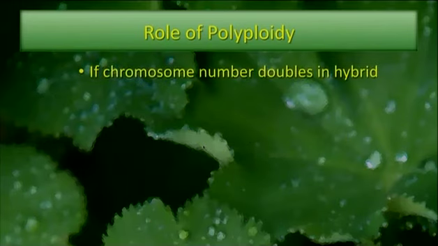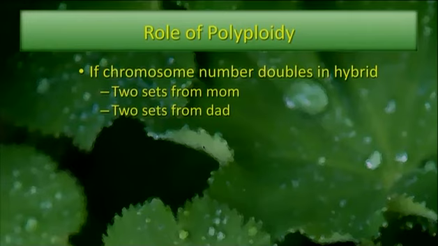But if the chromosome number doubles in the hybrid, you have two sets from mom and two sets from dad. Then they can pair with each other, and you can have a fertile hybrid.